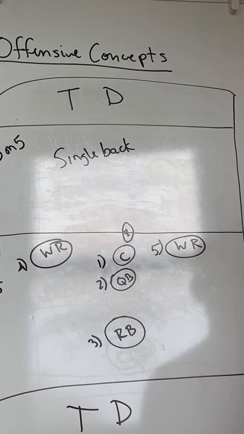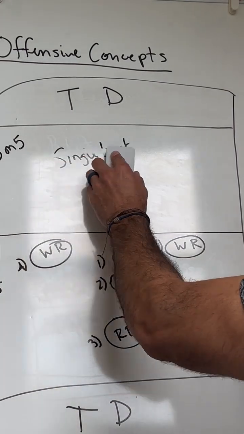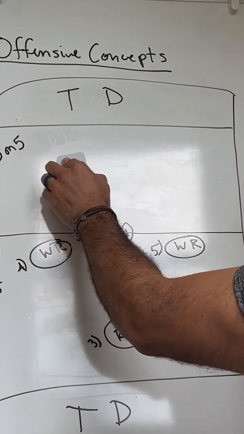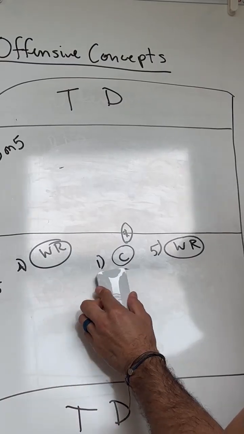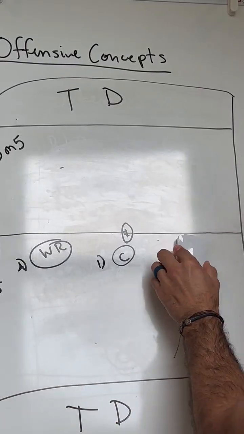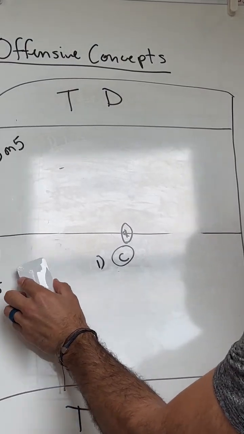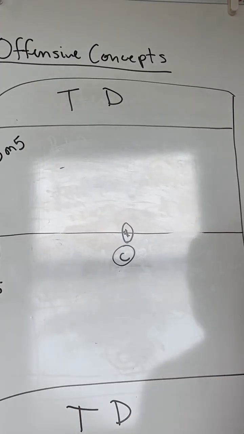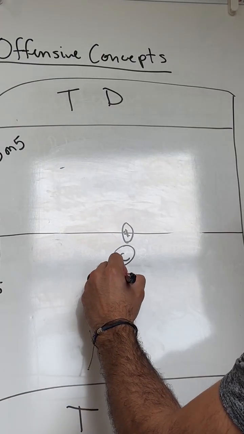So that's the concept of single back as a formation. The second concept for formation that we're going to use is pretty straightforward. We always have our center and our quarterback in the same position.